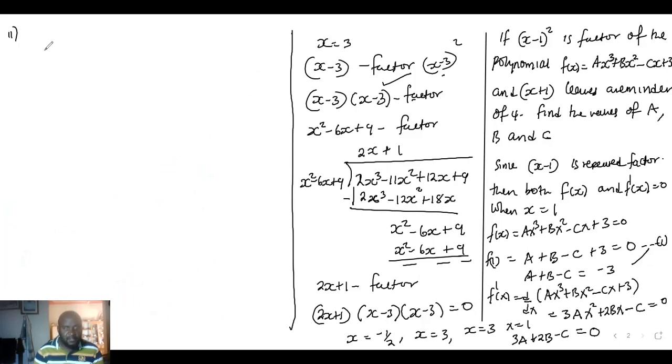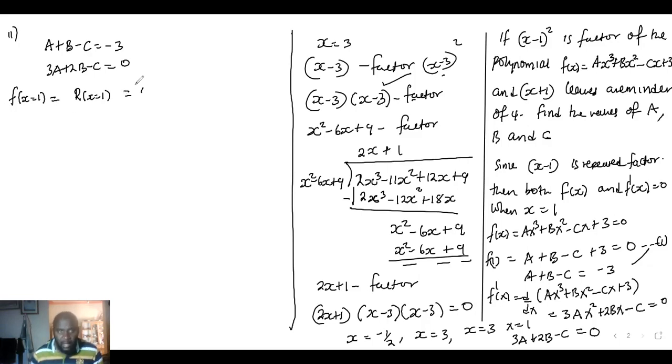So this is what we are going to have. So far we have equation 1, which is a plus b minus c is negative 3. Equation 2: 3a plus 2b minus c is equal to 0. Now the third equation. Remember, when you substitute the value of a root into a function, it gives you the remainder, and the remainder when x is 1 is 0 for the factors.